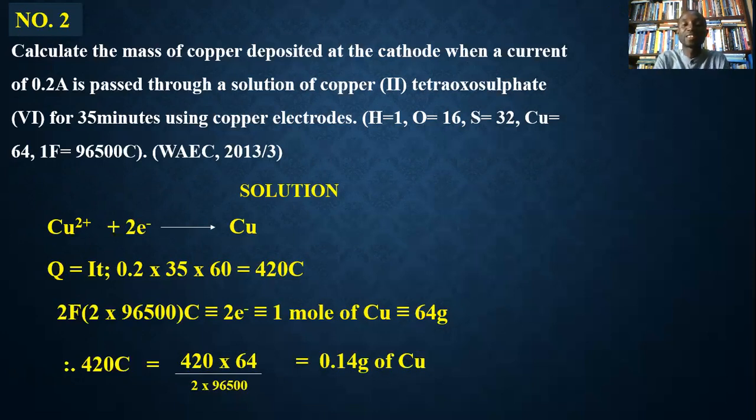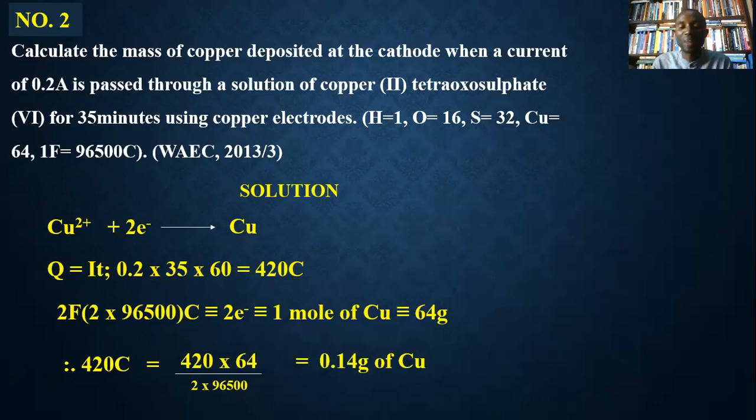Now 2 Faradays will be 2 times 96,500 coulomb, which is equivalent to 2 electrons, and it is also equivalent to 1 mole of copper, and 1 mole of copper is 64 grams. If that is the case, for 420 coulomb of electricity, what will it give us?